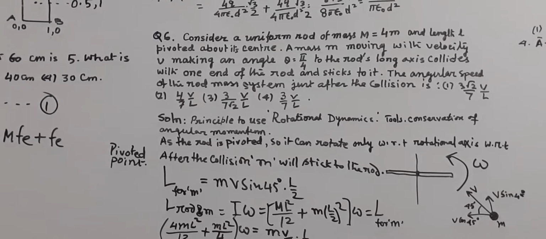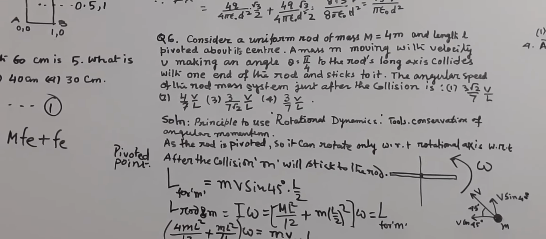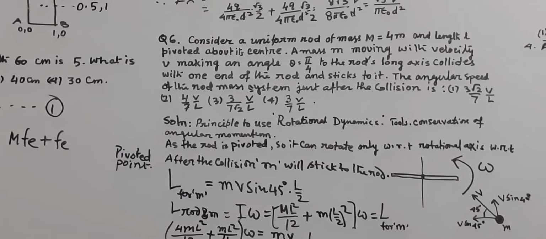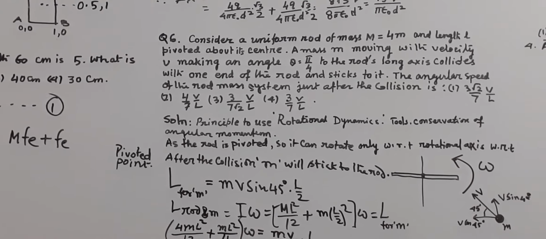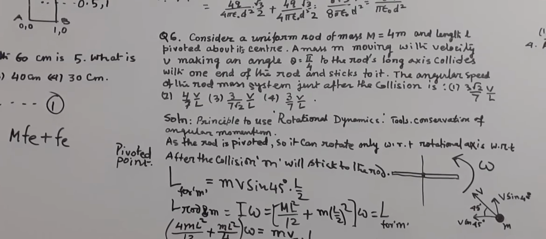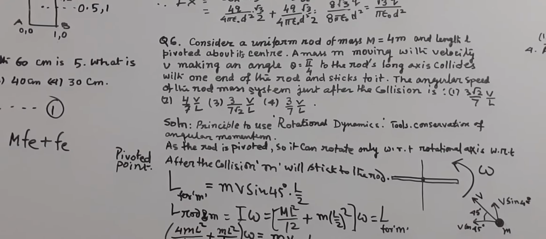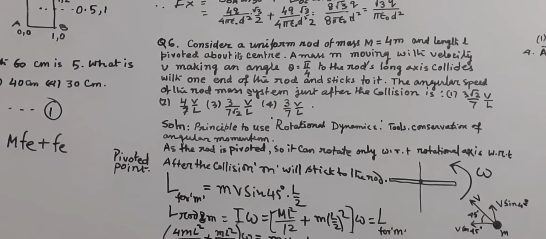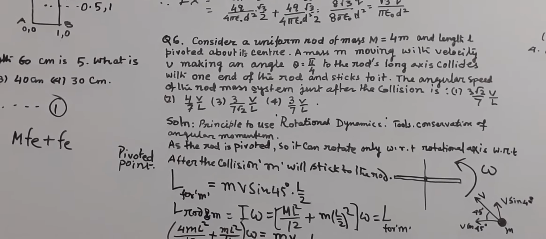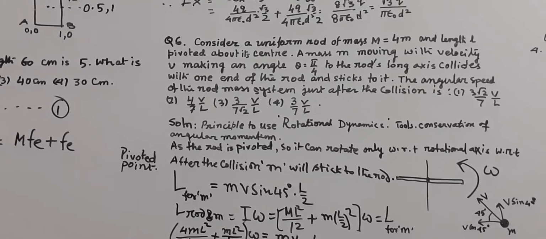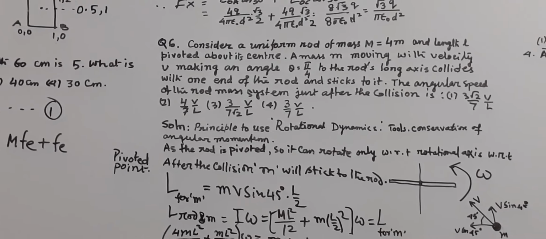We can find the angular momentum of the mass small m just at the time when it collides with the rod, that is m v sin 45 degree into L by 2, with the angular momentum taken with respect to the axis of rotation.